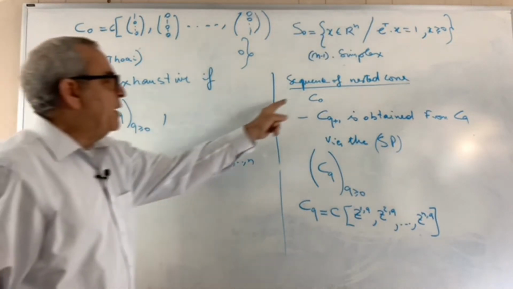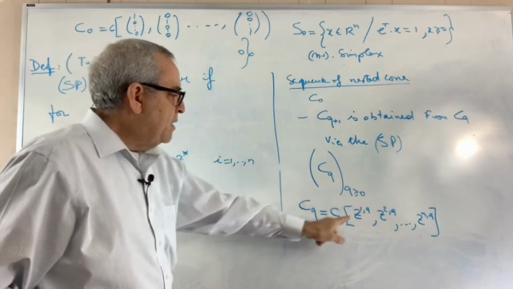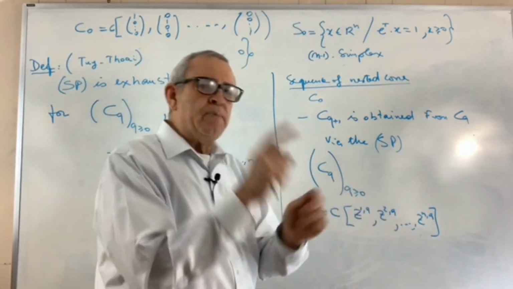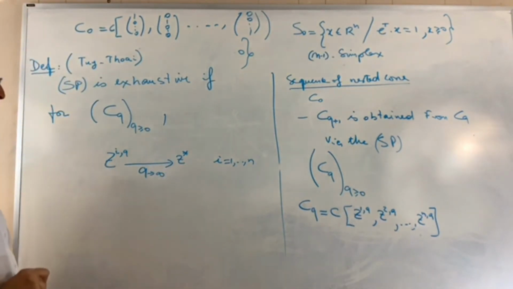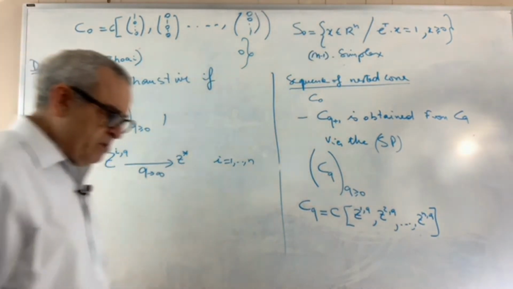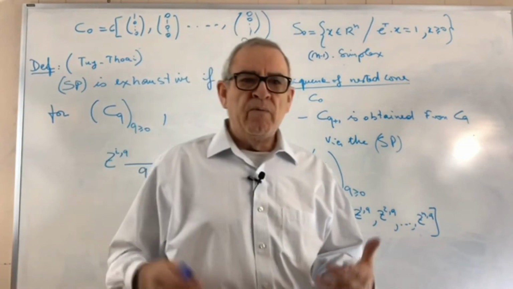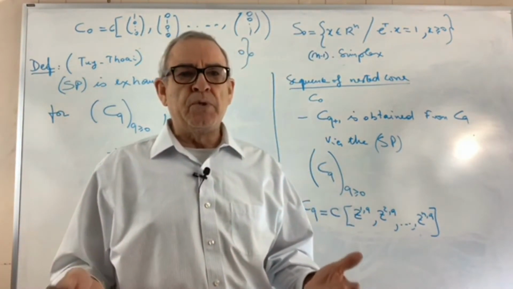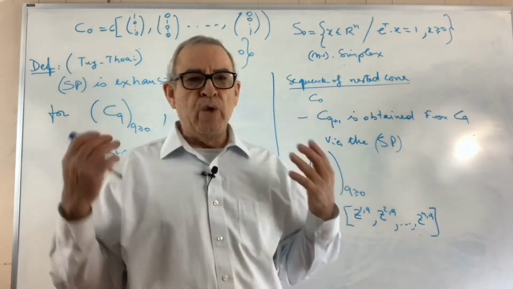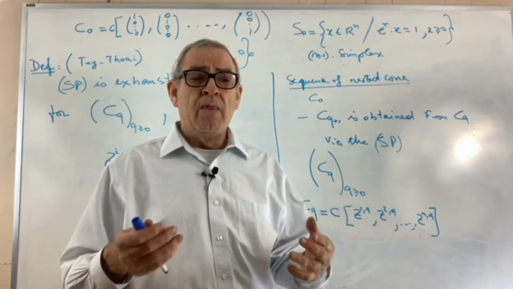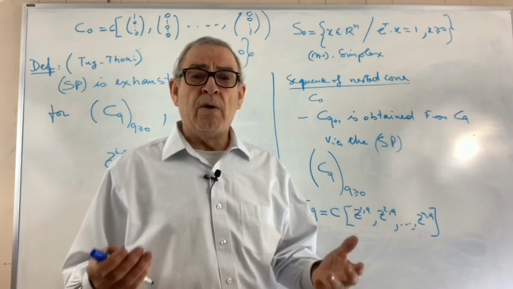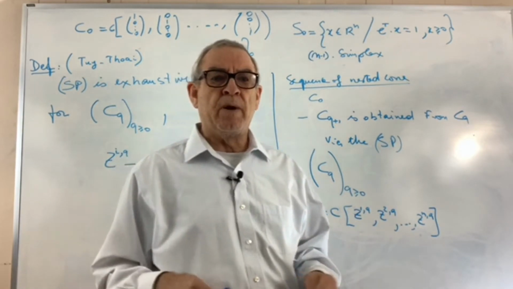If we keep going with this subdivision, then all these vectors collapse to a single vector, which is Z star. That's what we mean by exhaustive. And this is an important property: Tuy showed that if we have this property, we can devise a conical algorithm that finds the solution of the concave minimization problem.